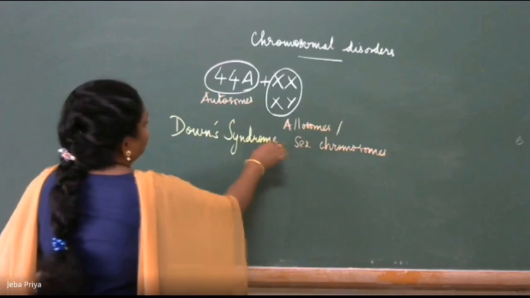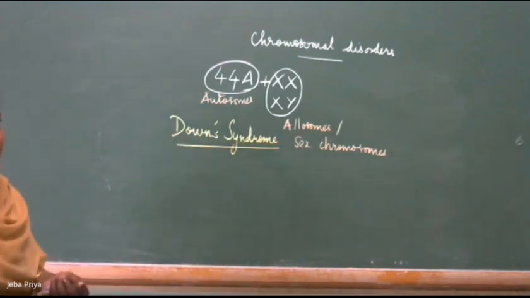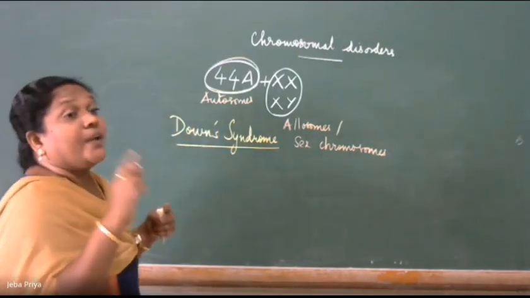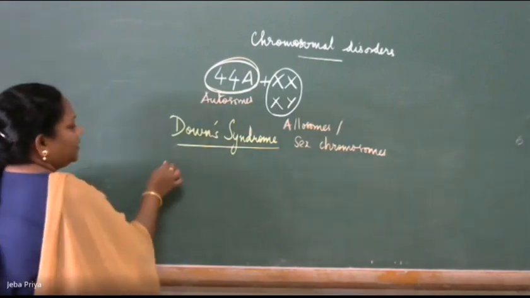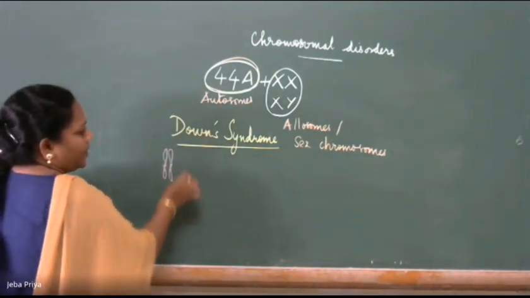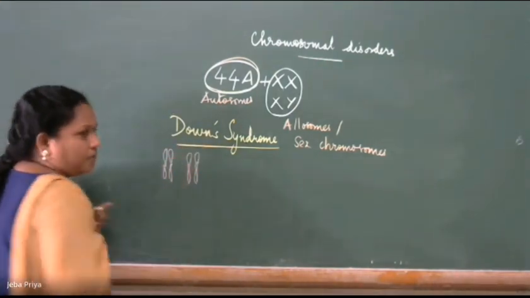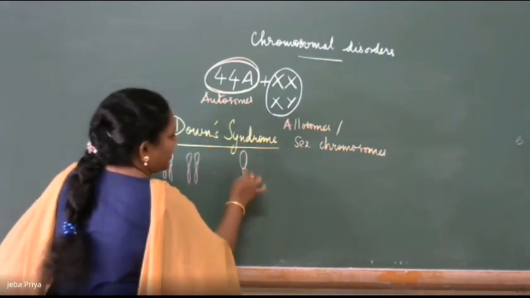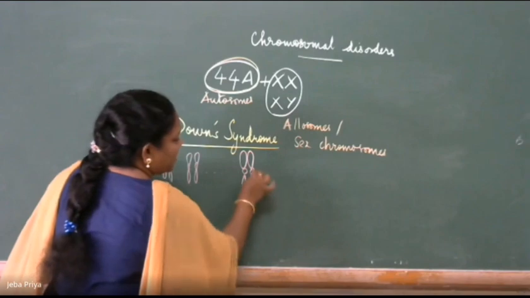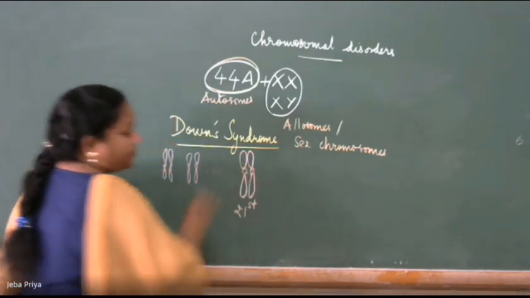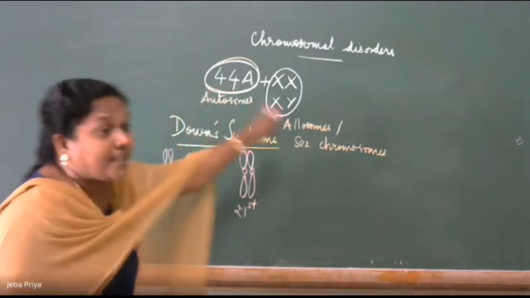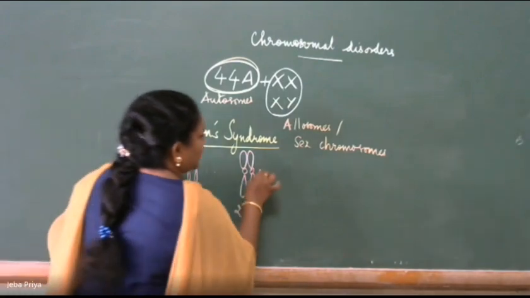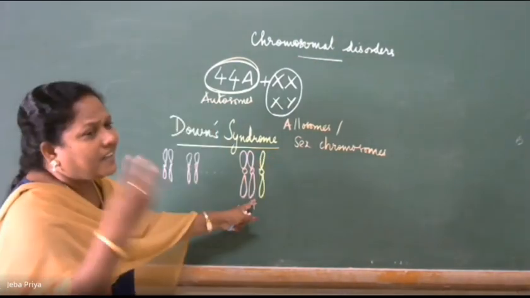Down syndrome. Clear? There is a change in the 21st pair. I told you this is the first pair, this is the second pair, and so it goes. When you come to the 21st pair, due to non-disjunction of chromosomes, one more is added, making it 3.